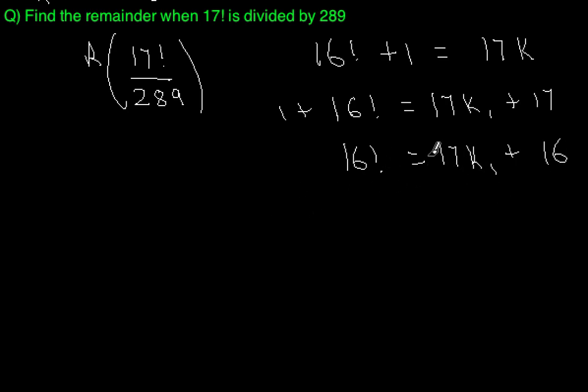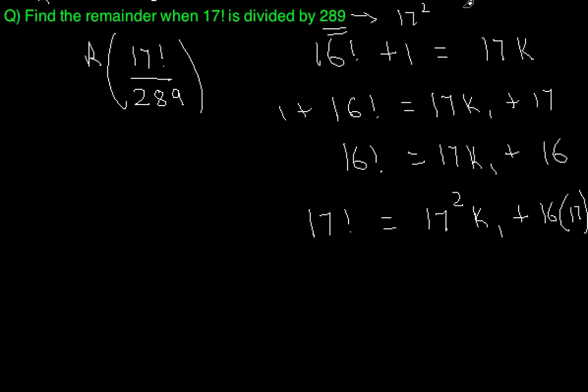Now if we multiply both sides by 17, we get 17 factorial equal to 17 square k1 plus 16 into 17. We know that 289 is nothing but 17 square.